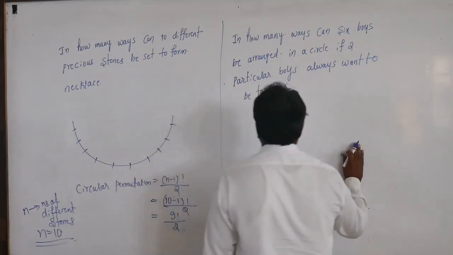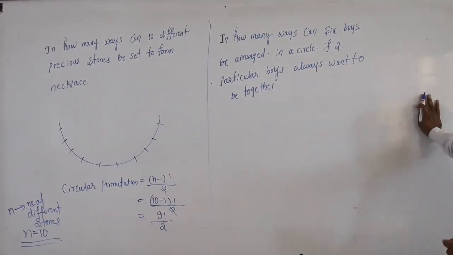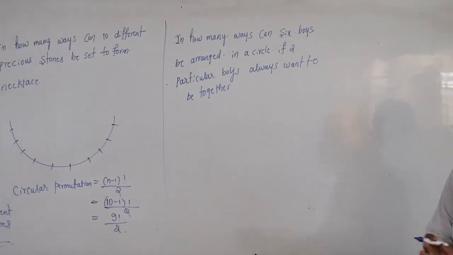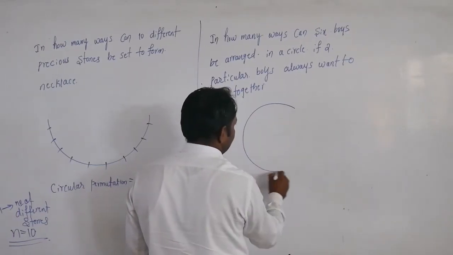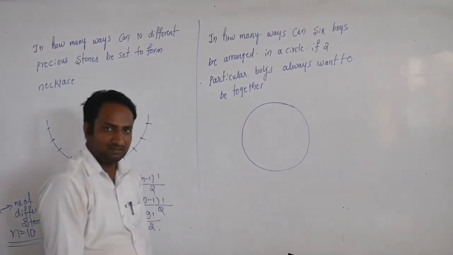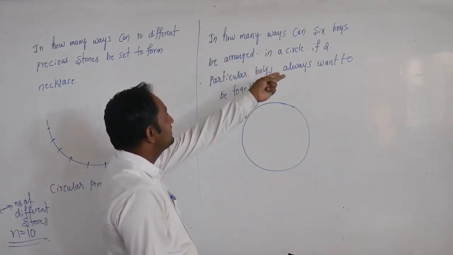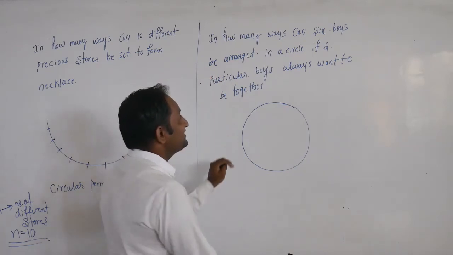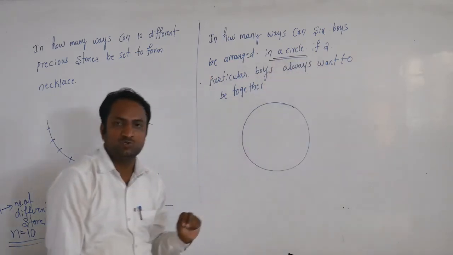Similarly, in how many ways can 6 boys be arranged in a circle if 2 particular boys always want to be together? Consider a circular path, a closed path.